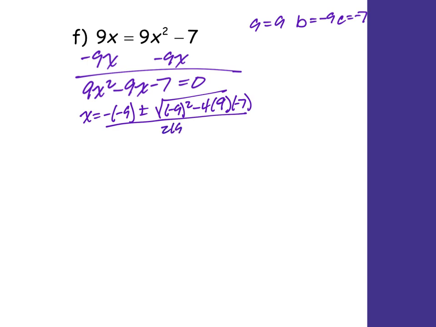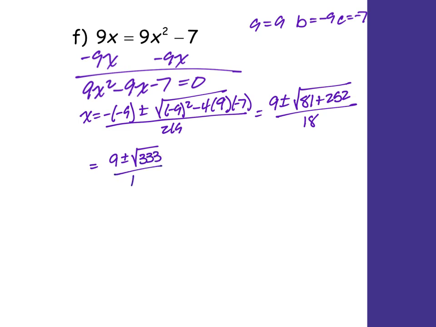Okay. And then we're going to get 9 plus or minus the square root of 81 plus 252 divided by 18. And then we get 9 plus or minus the square root of 333 divided by 18.